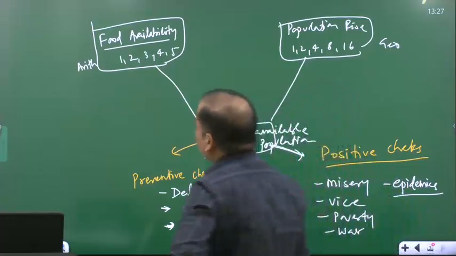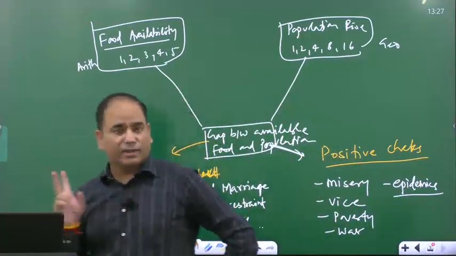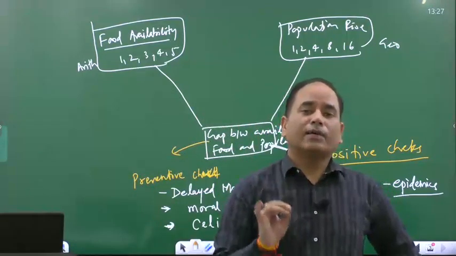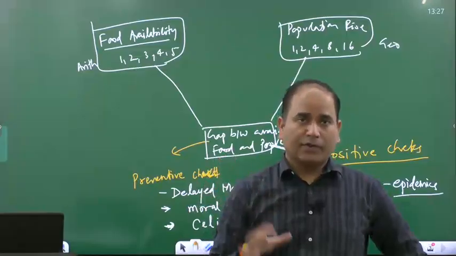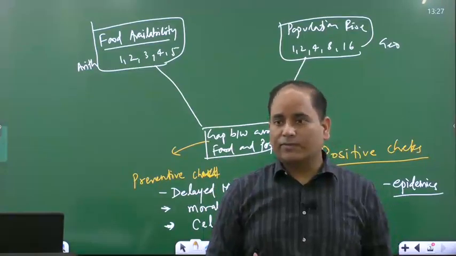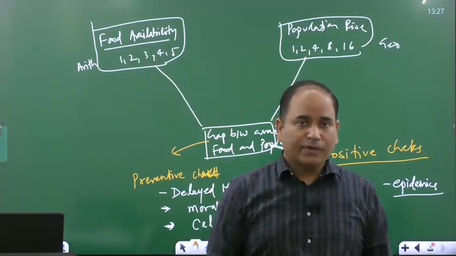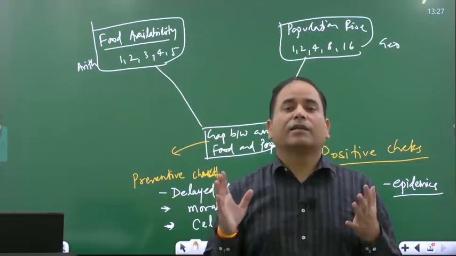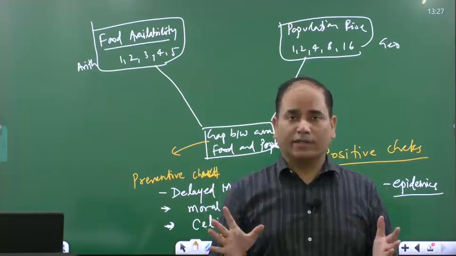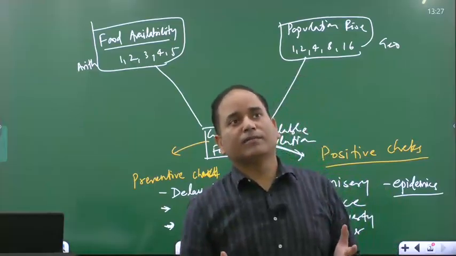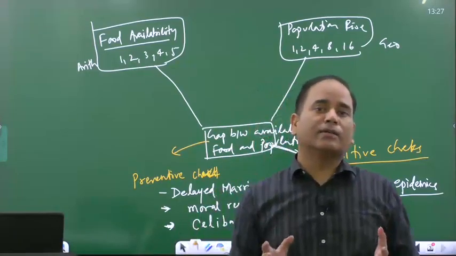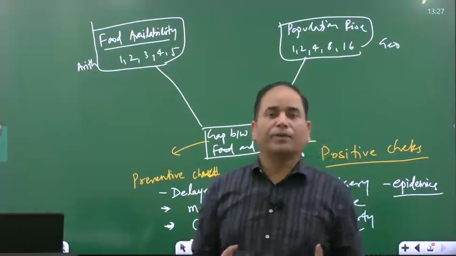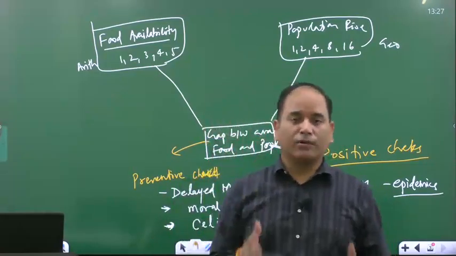As per Malthus, we have two very basic assumptions for people: food for survival and passion for sex. Because of food for survival, food growth will be arithmetic, and the passion for sex results in a geometrical increase of population. This will ultimately result in a gap between the available food and the population.